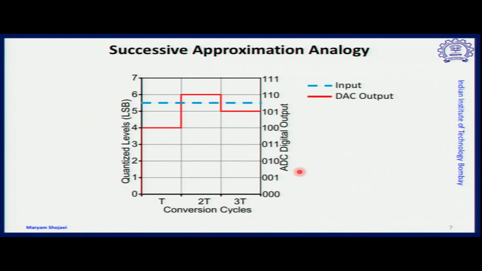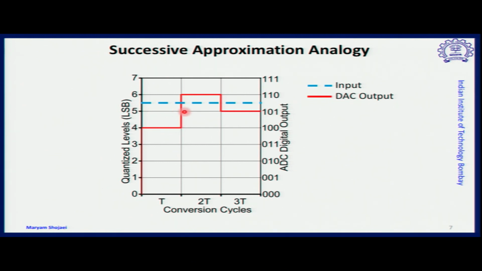Therefore, the digital output is actually the input of the DAC, and the quantized analog output is coming from the output of the DAC. And because it is cycle by cycle, every conversion cycle is one step towards the input voltage.